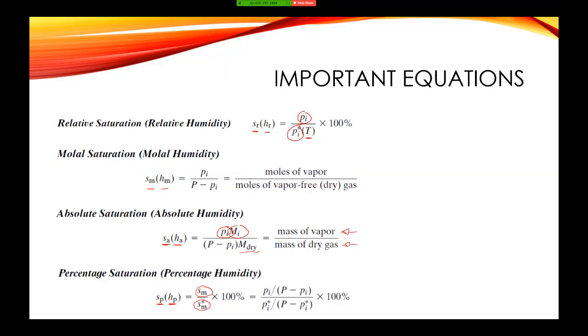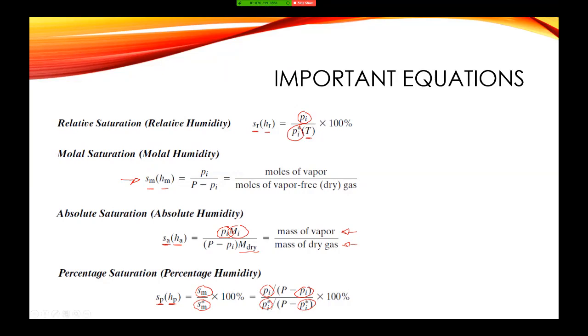So if we substitute the formula of the molar saturation over here, that's what it gives us, right? Only taking into consideration that we have the vapor pressure or saturation pressure of the condensable component, and the partial pressure of the condensable component too, and that times 100.